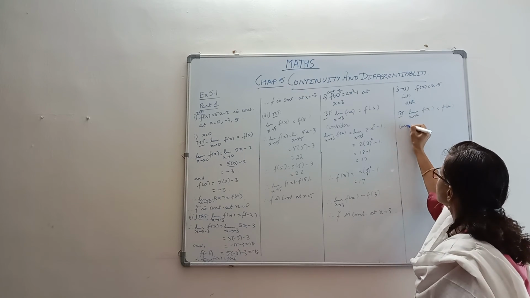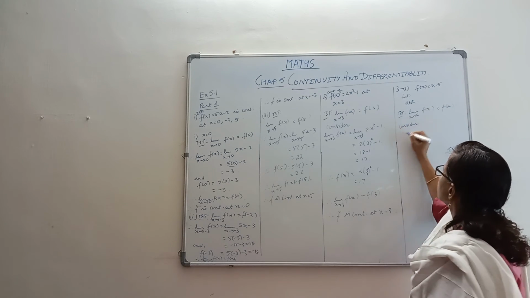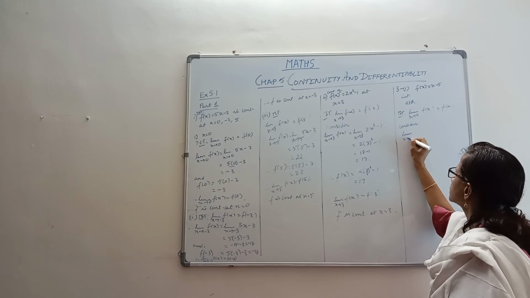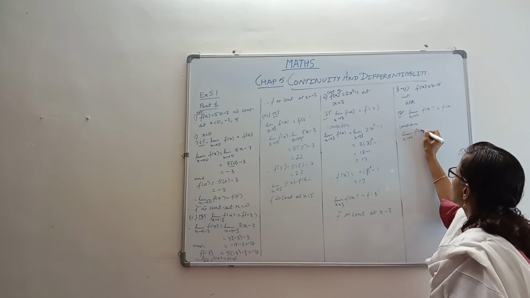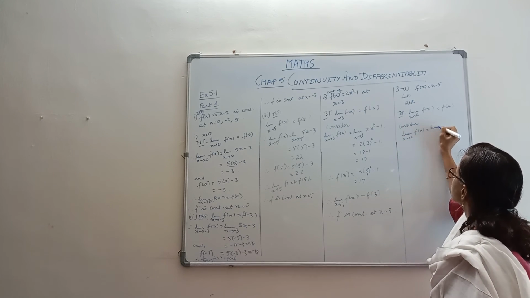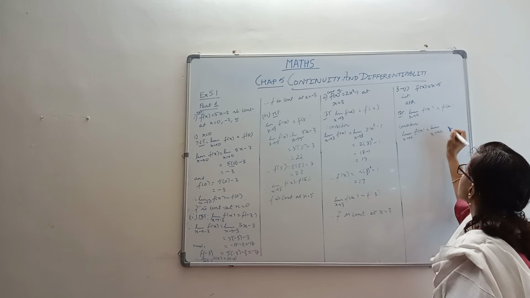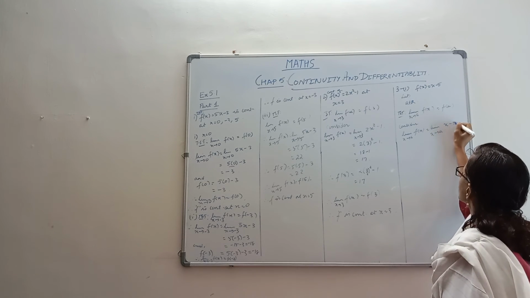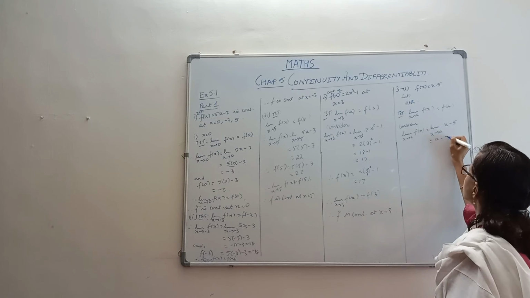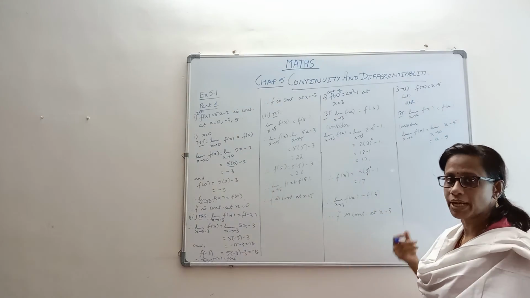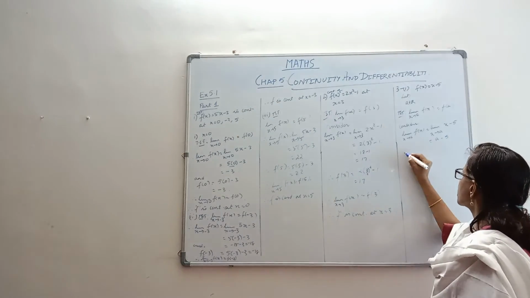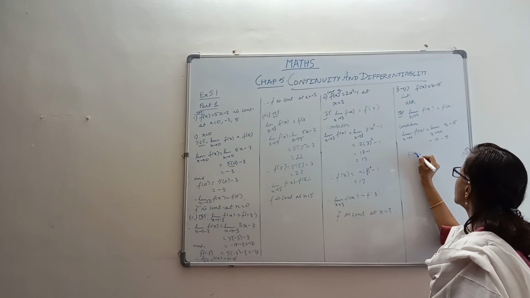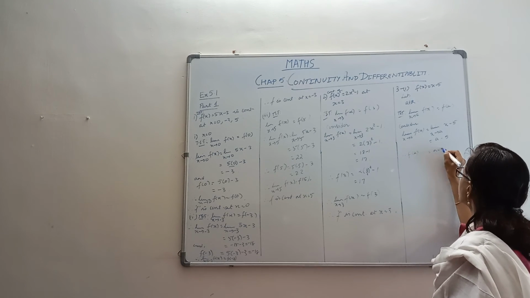So consider limit as x tends to a f of x. f of x is x minus 5, so that is a minus 5. X tending to a, very close to a, can be taken as a. So a minus 5, and f of a is a minus 5.